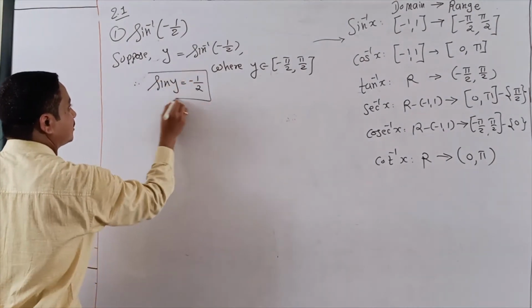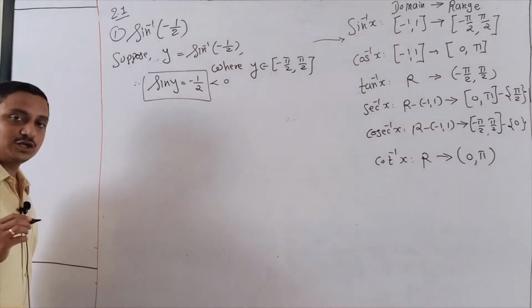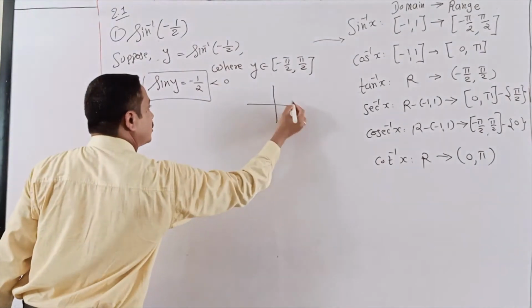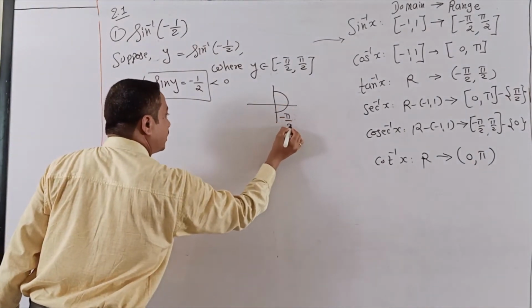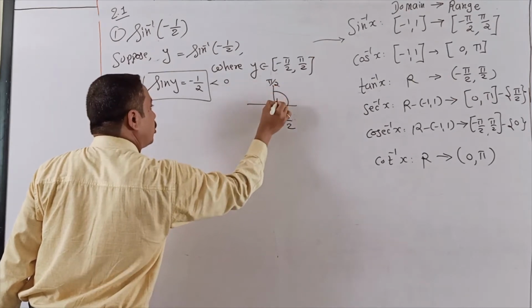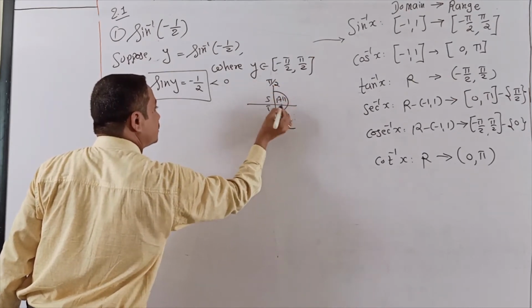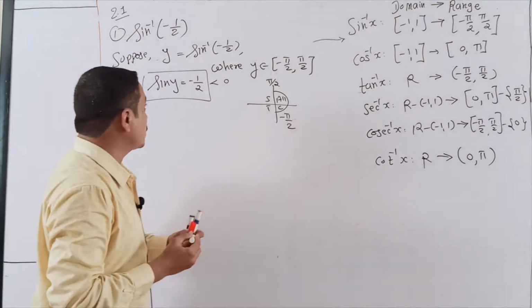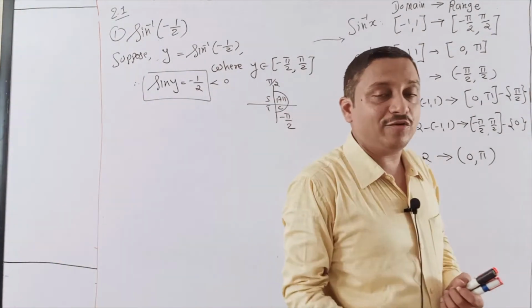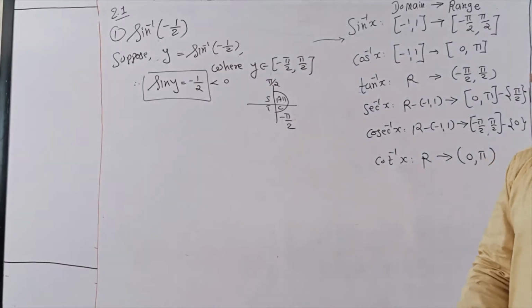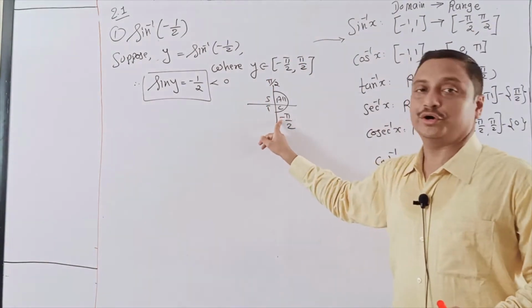And look at that, this value is less than 0. So you tell me, in this range, minus pi by 2 to pi by 2, going all STC wise, in which quadrant is the sine function negative? Yes, it is the fourth quadrant.